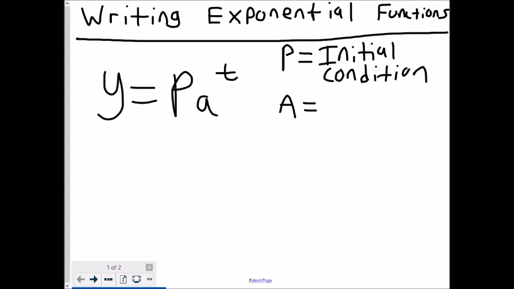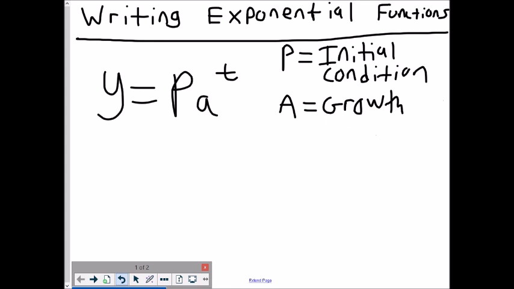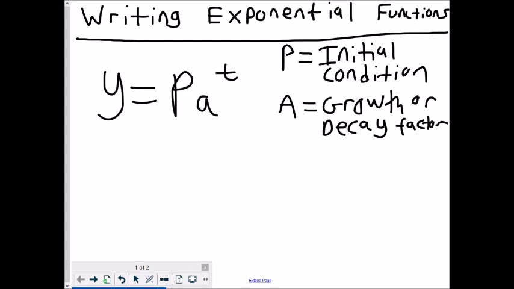A is the growth or decay factor. And then T is the exponent, but it's also the x value.